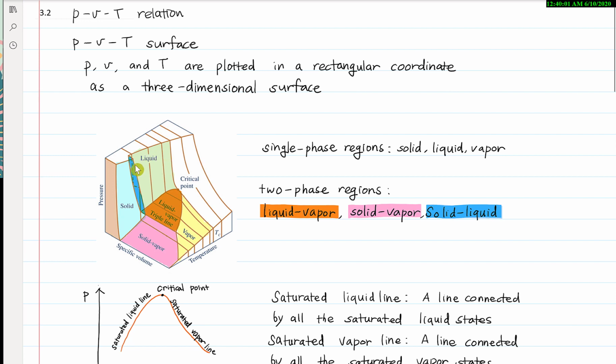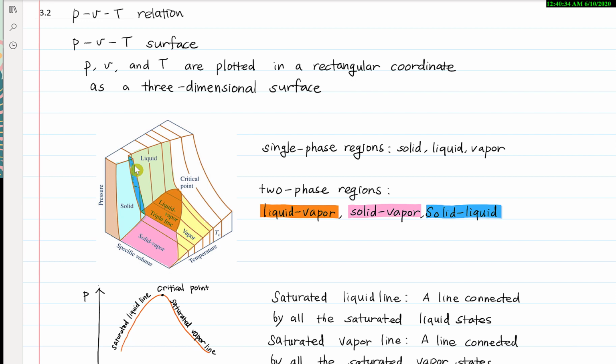In single phase regions, pressure, specific volume, and temperature are independent. In two phase regions, pressure and temperature are dependent. What that means is once the temperature is specified, the pressure is determined and vice versa.